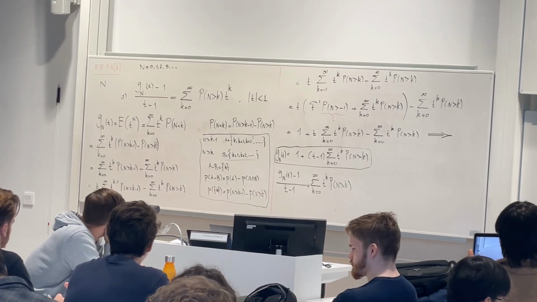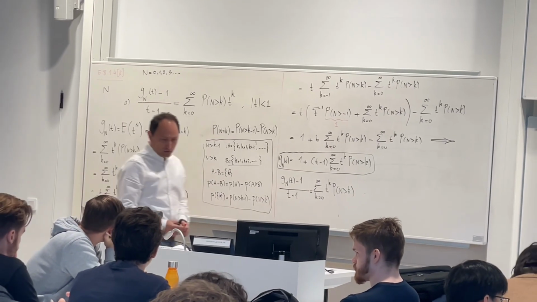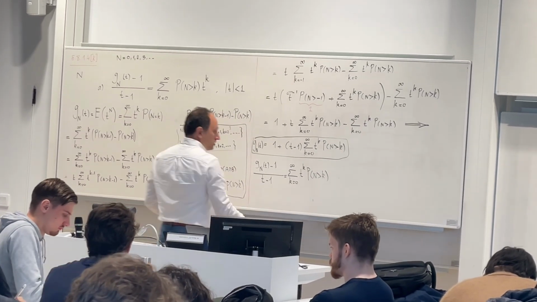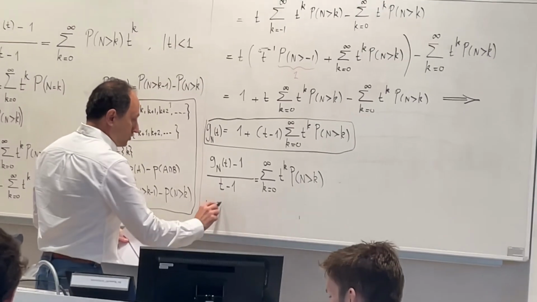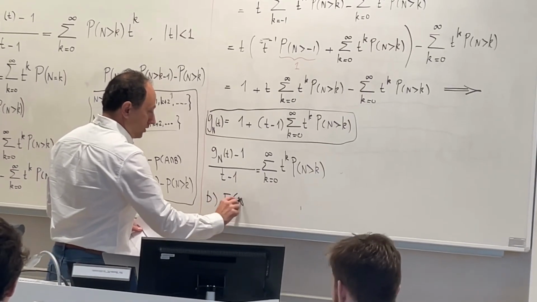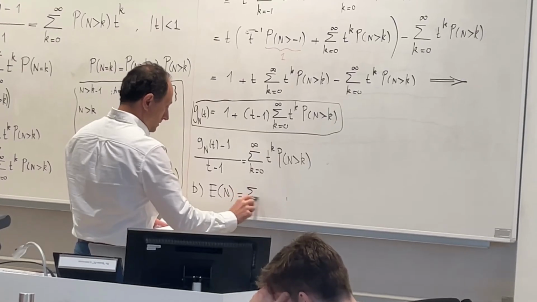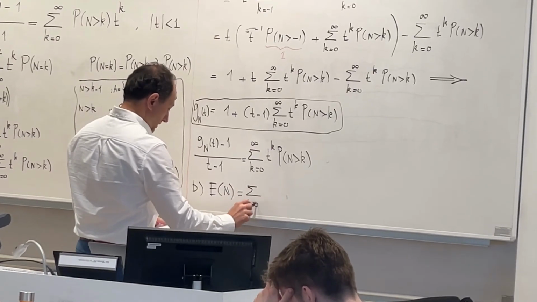Understand it? Okay, the next part of it is asking you to show the expectation value. So this is the second part. We want to show that the expectation value of n is exactly that sigma. And that is very, very simple now.